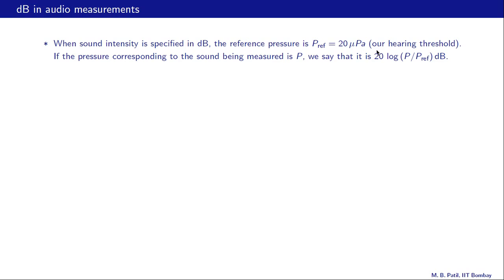Because that happens to be our hearing threshold. We don't hear things if that pressure is less than this number. So now the pressure that actually corresponds to the sound wave that we are talking about can be expressed in dB using this familiar expression 20 log to the base 10 P divided by P reference.